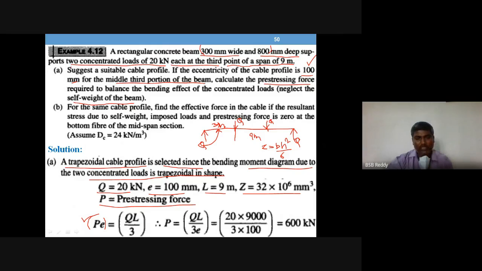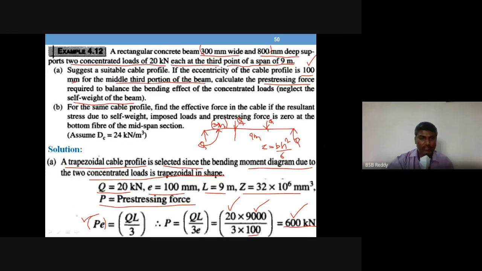So Q into 3, with length 9 meters, L by 3 substituted as 3 meters, and divided by e which is 100, that gives 600 kilonewton. So to balance the effect of load Q, the pre-stressing force required is 600 kilonewton.